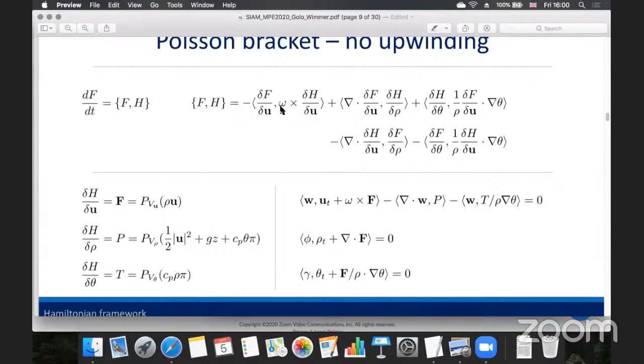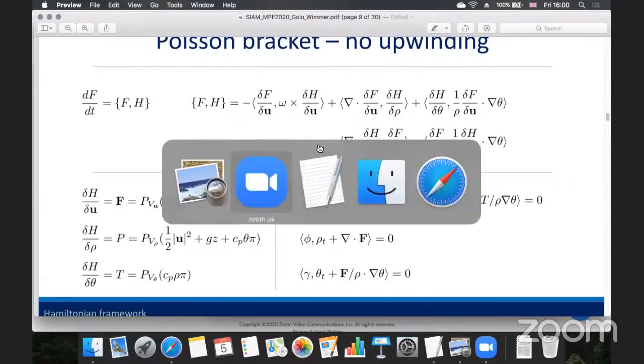The question is, do you maybe do some kind of vorticity advection scheme and then use the advected vorticity in here, or do you replace the vorticity by the curl of U and then do some kind of upwinding here? That's unclear at the moment. And the idea is to study that in 3D. But as it is at the moment, it could be readily used in 3D.